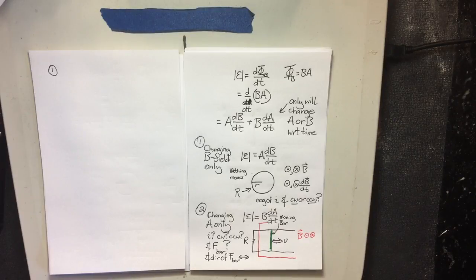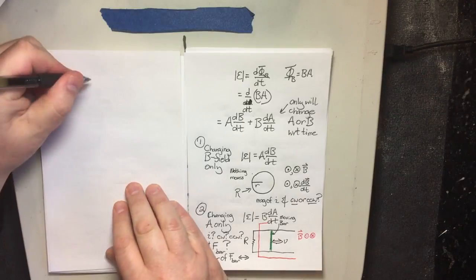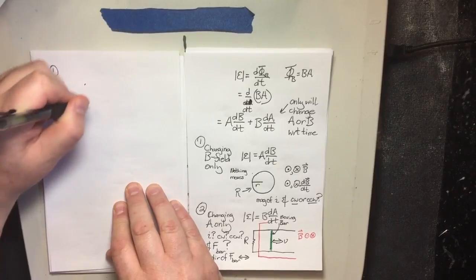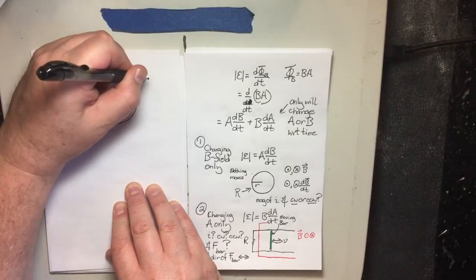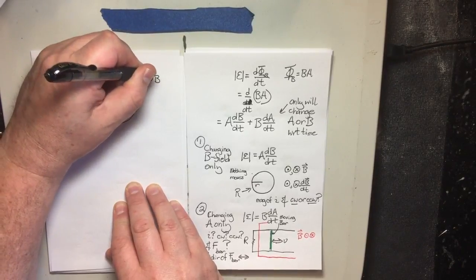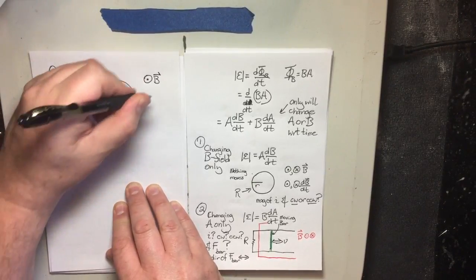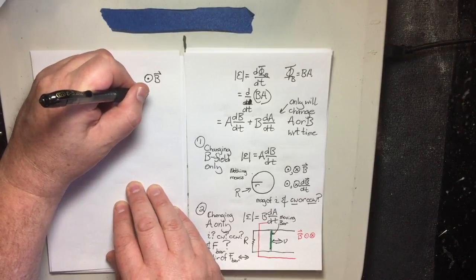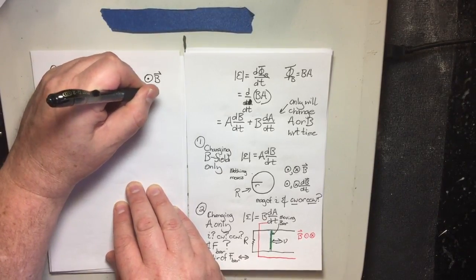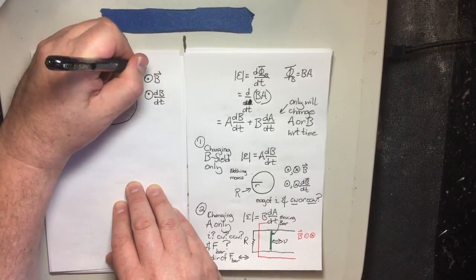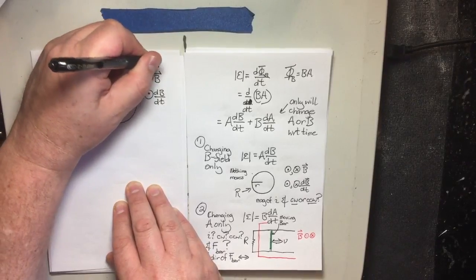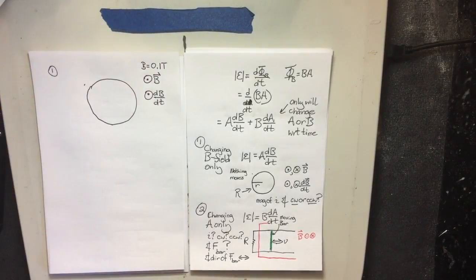When you've got a B field, and that B field is changing, and it's passing through a region. Let's say for the moment that the magnetic field is out of the page, and let's say that it is increasing. So this B field, let's say the magnitude is 0.1 Tesla out of the page at time equals 0.